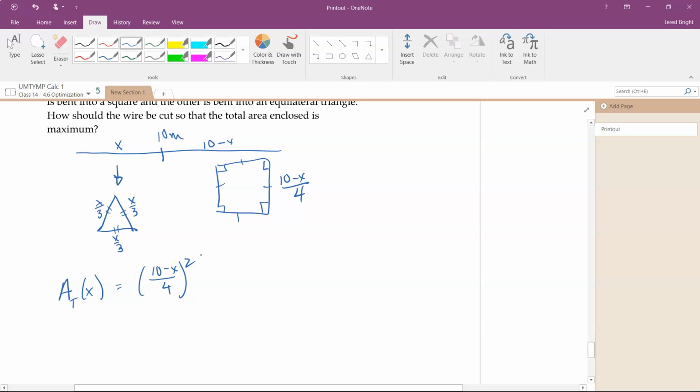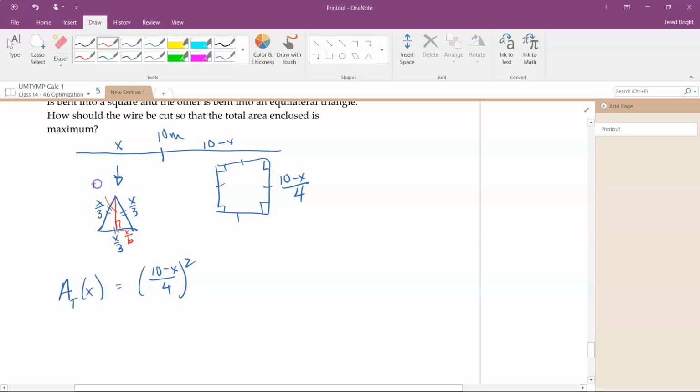Okay, now for the equilateral triangle, you might need to do a little bit more work, unearth your geometry textbooks, but if you remember, if you make an altitude here, this would be a 30, 60, 90, so then half of the base is x over 6, and then the altitude here would be x over 6 times square root of 3.